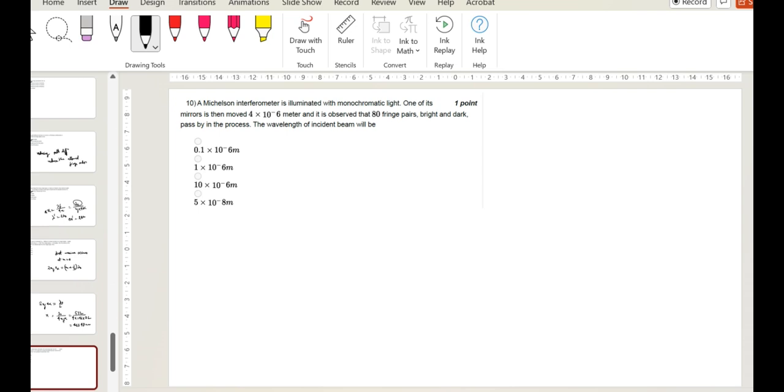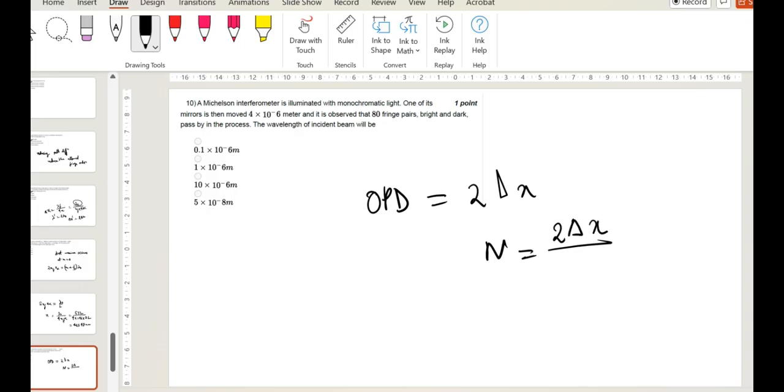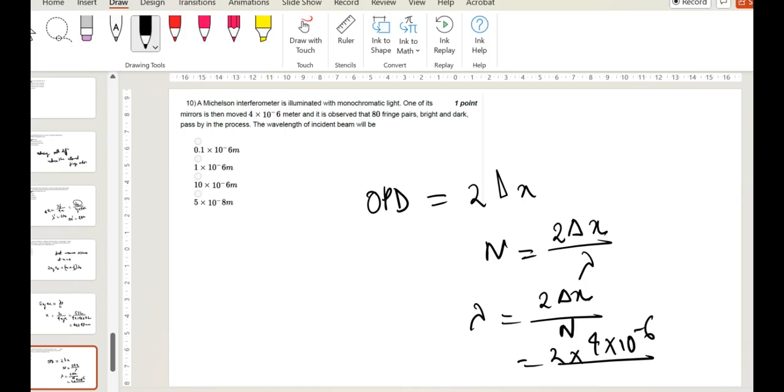So mirror motion changes the optical path difference by 2 delta x, and the number of fringes is basically 2 delta x by lambda. So lambda is 2 delta x by n. So here 2 delta x is basically 4 into 10 to the power minus 6, n is 80.